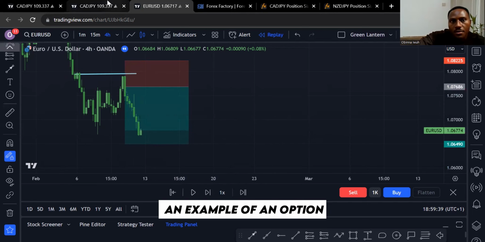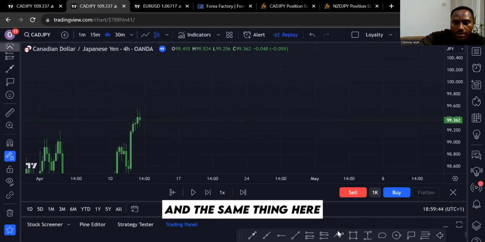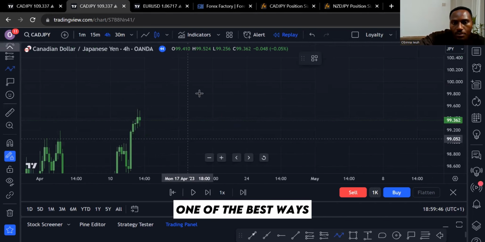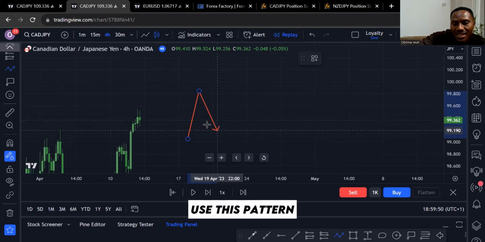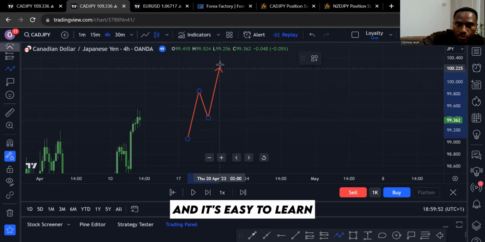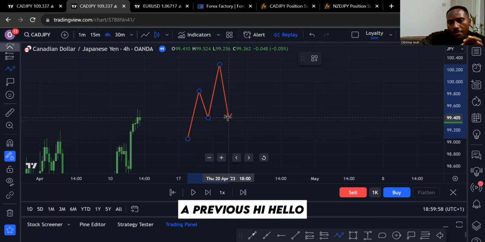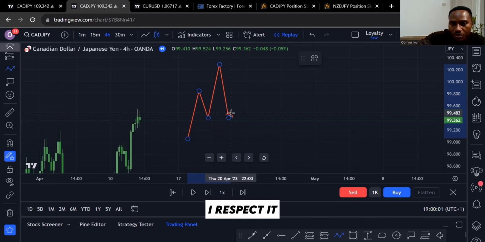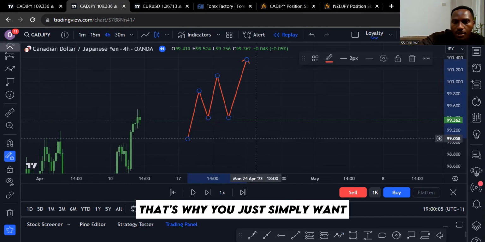Let's look at an example of an uptrend. We're looking at a double bottom, and it's the same thing here. It's one of the best ways traders all over the world use this pattern, and it's easy to learn. What you want is price to tap a previous higher low and respect it before going up. That's what you simply want.